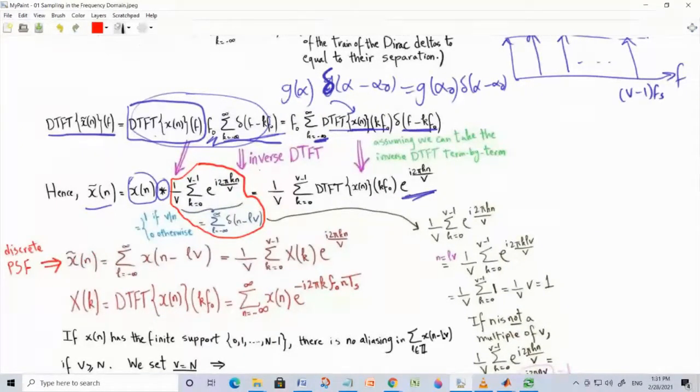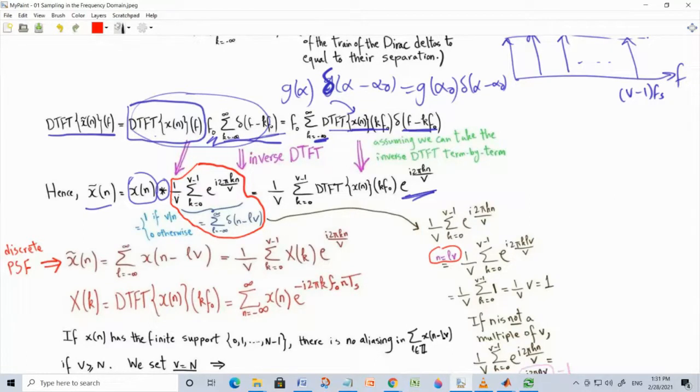Now, again, you end up with a function of n, right? Because you sum over k, so k will disappear once you do the summation, and you end up with a function that depends on the integer n. So there are two possibilities. One possibility is that n is an integer multiple of v.